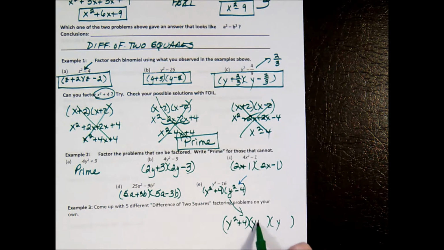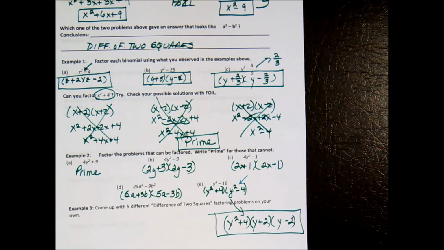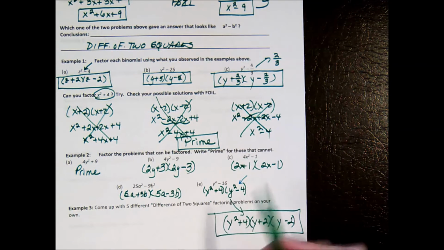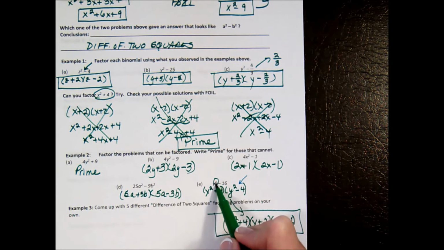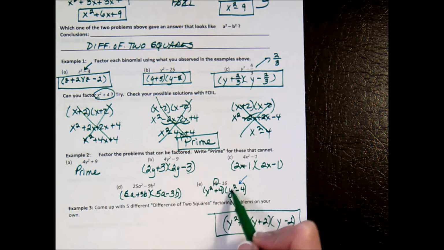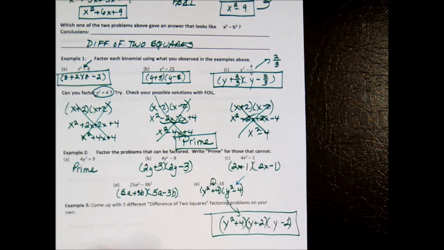Y, one's a plus, one's a minus, 2. So this one actually has 3 factors at the end. And the reason it was factorable again is because we started with a 4. So when I got down to here, I still had something that was squared.